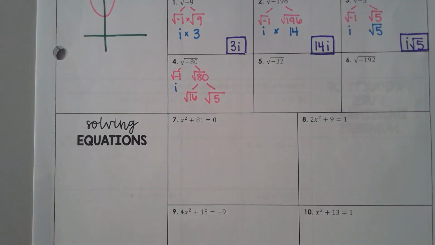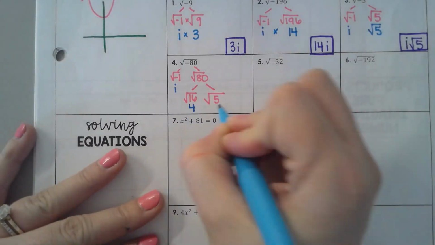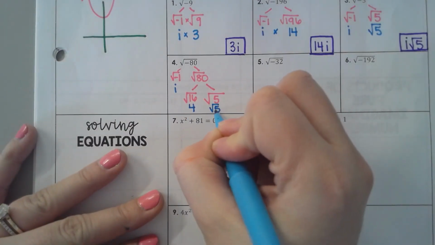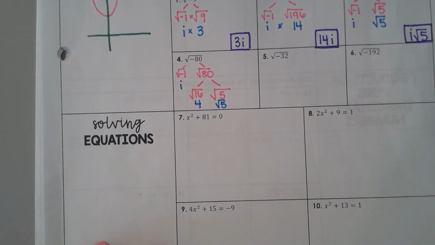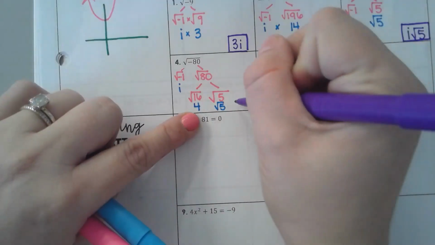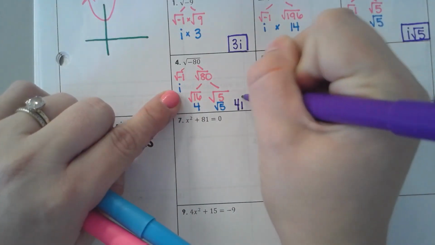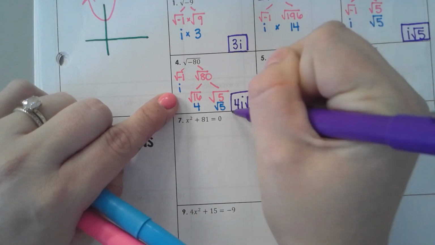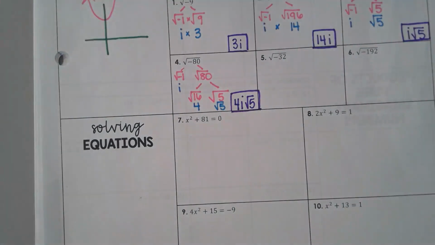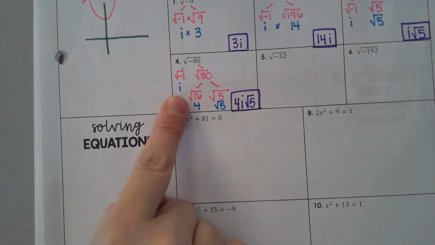And what is the square root of 16? 4. And then the other one, just bring it down because there's nothing else you can do. So my answer, we start with the whole number, then i, then the square root that's left: 4i square root of 5. Where did the 5 come from?